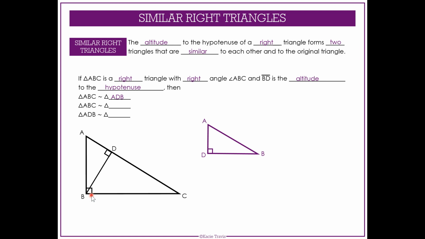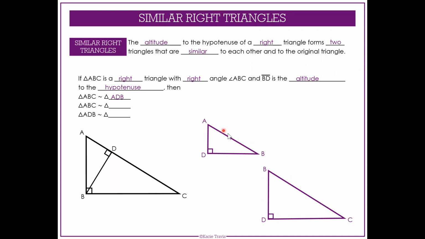Now, if we continue on, there's another triangle that we have here. Let's look at this bottom one. So, dragging this over to the side. Right now, it's not facing the same way we would like, so let's flip it around a little to right here. Just like before, we have a right angle at D. And we also have another new hypotenuse, which is the side opposite the right angle.